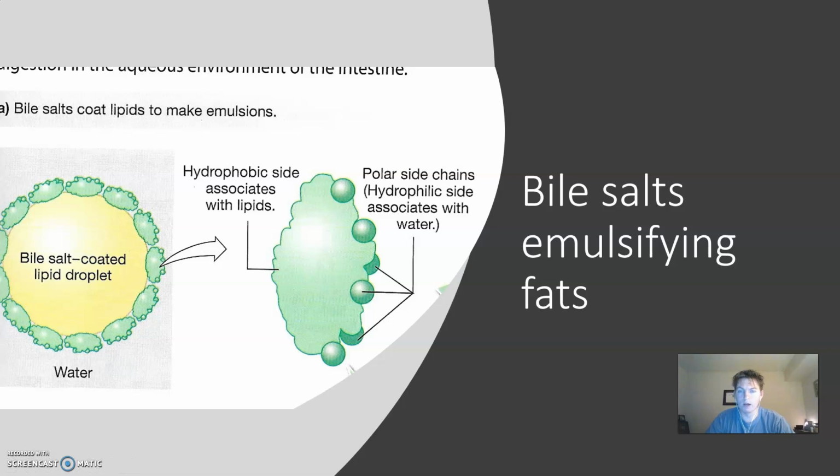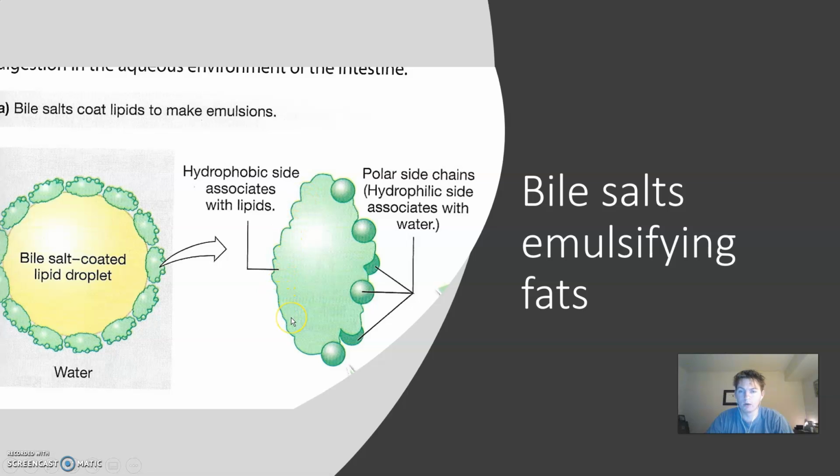So, bile salts are amphipathic. They have two sides to them: they're hydrophilic and they're hydrophobic. Right here is the hydrophilic side that associates with water, and the other side is the hydrophobic side, which associates with lipids.